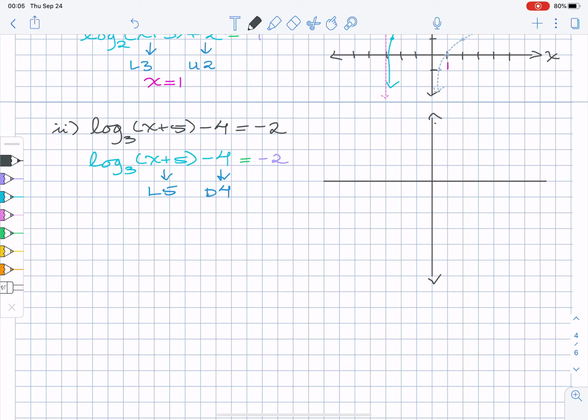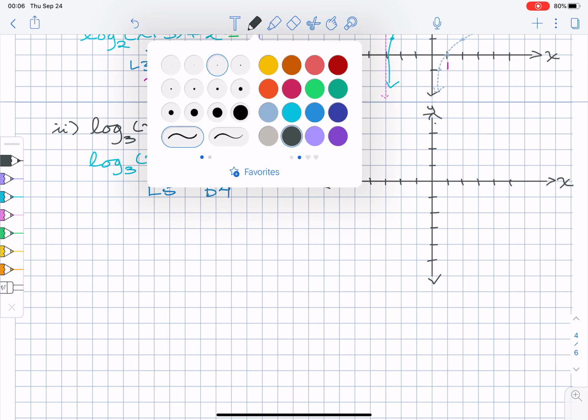Okay. So x and y coordinate axes. Okay, so normally log base 3 of x would be 1/3, negative 1, 1, 0, and 3, 1, something like so, very shallow.